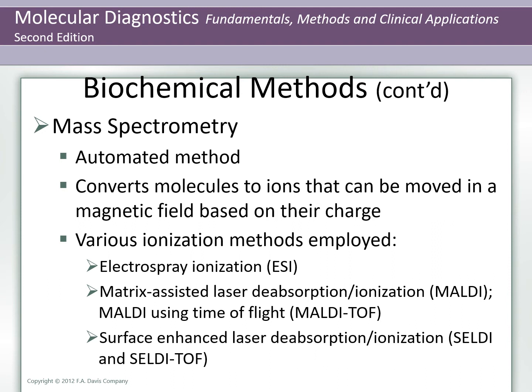This collection of particles is accelerated and focused into a beam through a magnetic field. The ions are deflected by the magnetic field according to their mass and charge, and by varying the magnetic field strength, different ions are aimed at a detector. The readout of the instrument is a spectrum with the mass charge value on the x-axis and the abundance of ions on the y-axis.